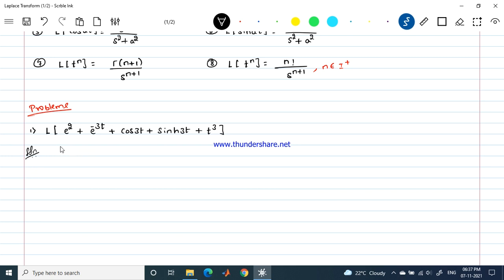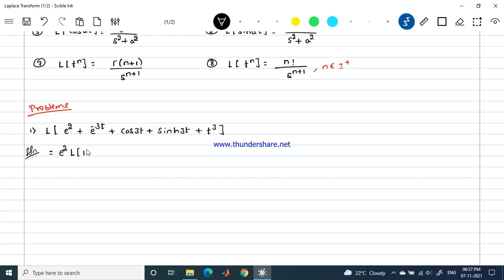In this problem, we have Laplace transform of sum of these functions. Linearity property holds good, so I can rewrite this one as L of first term. Here e square is a constant. It's free from t. Let me write it outside the Laplace operator.